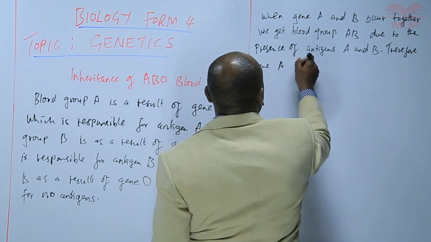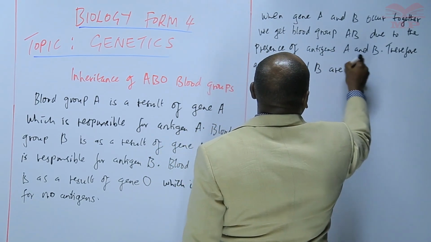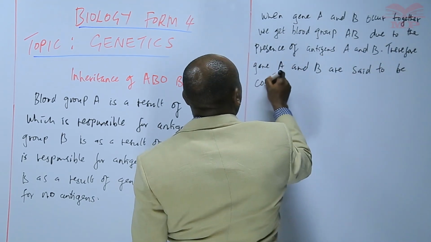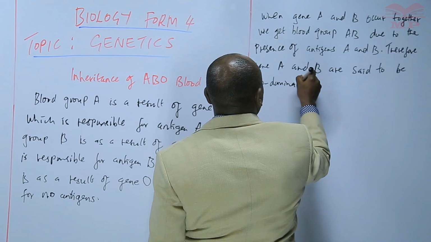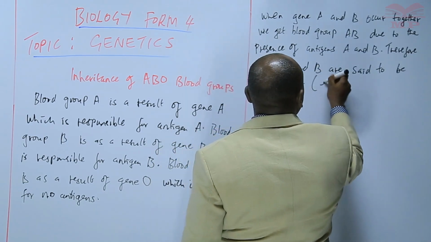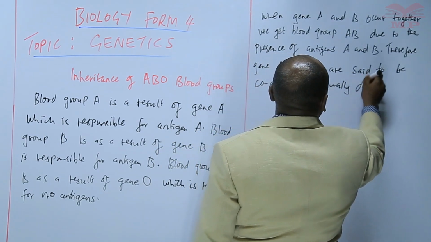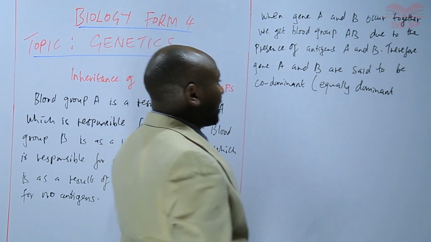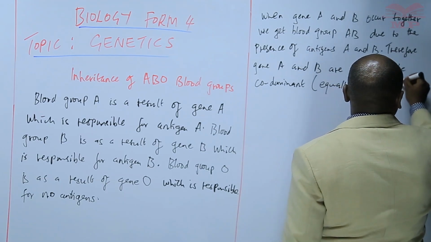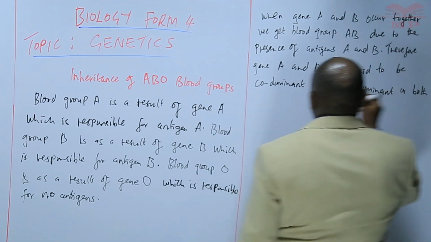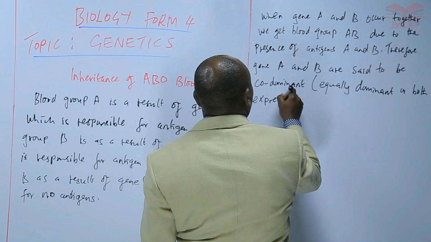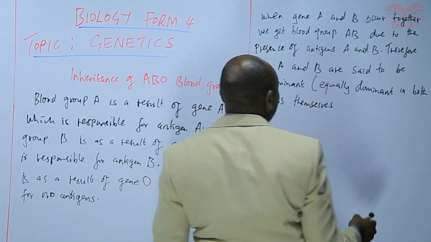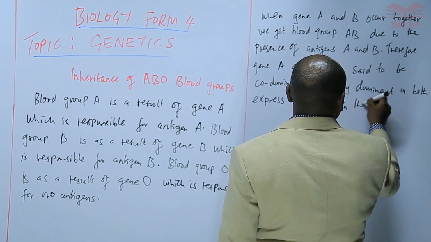Therefore, gene A and B are said to be codominant, which means equally dominant, or both express themselves in the trait.